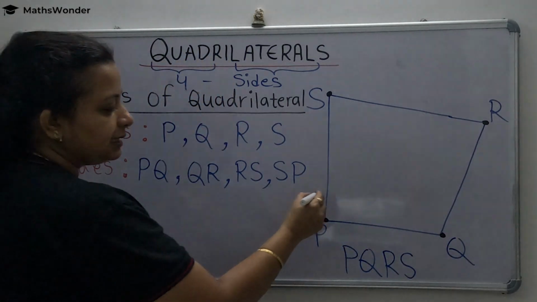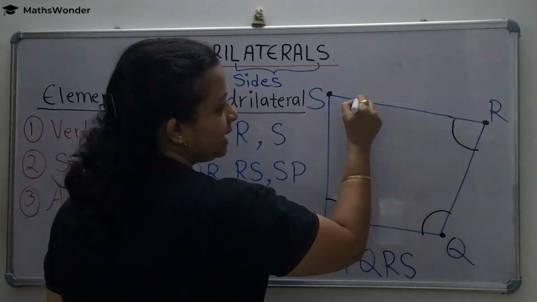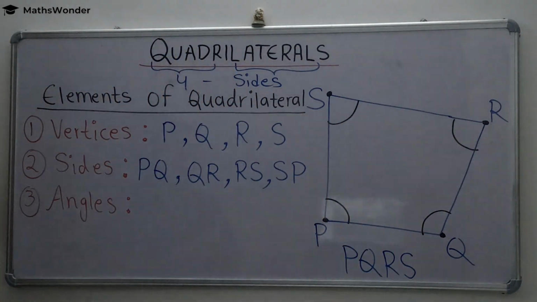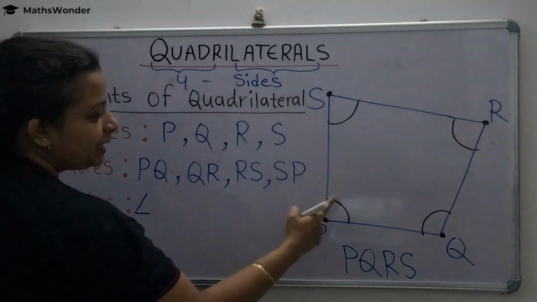Now, an angle is this. When 2 lines intersect, they make an angle, right? How will you write angles? There are 4 angles in a quadrilateral. Because we have to represent P, how will you write it? SPQ.